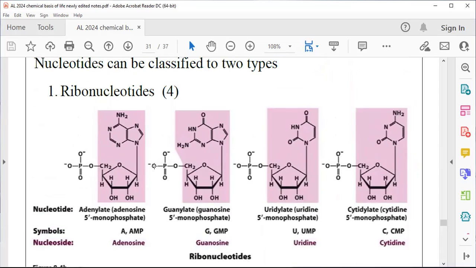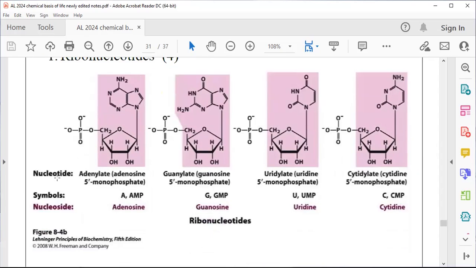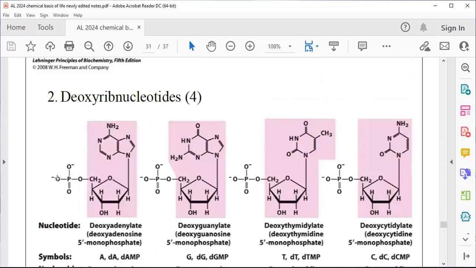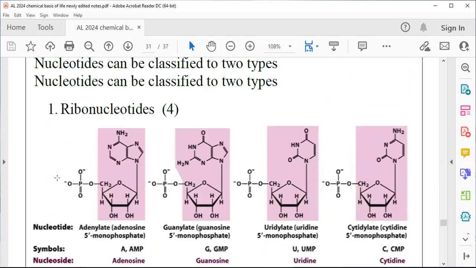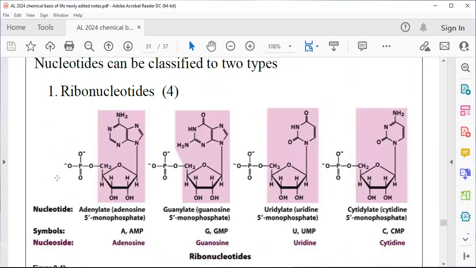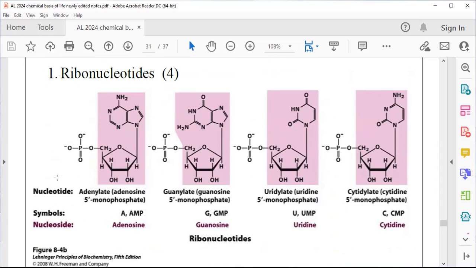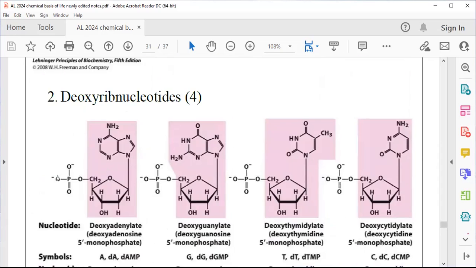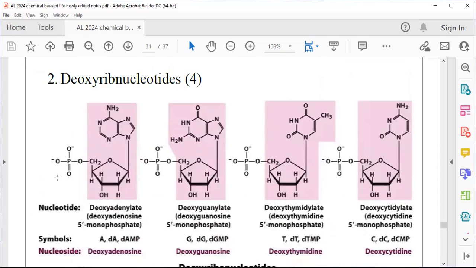Remember, none of these structures you have to memorize. It is not my expectation. Understood? It is not your examiner's expectation. Don't try to memorize these structures or these structures. Clear? Clear, sir. Right. So don't memorize.